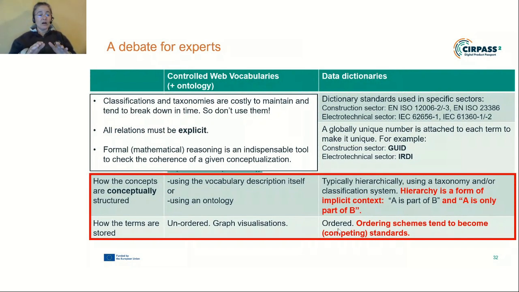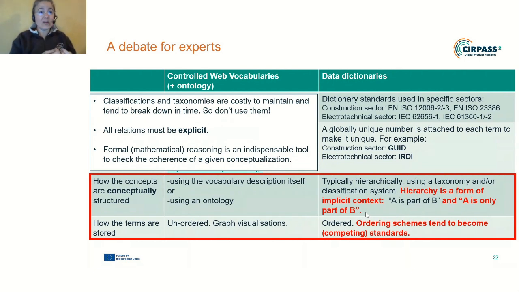Also, another important thing here is that every single relation type must be made explicit. For example, the fact that A is only part of B is implicit in the taxonomy, but in the controlled web vocabulary approach, this would be made explicit.